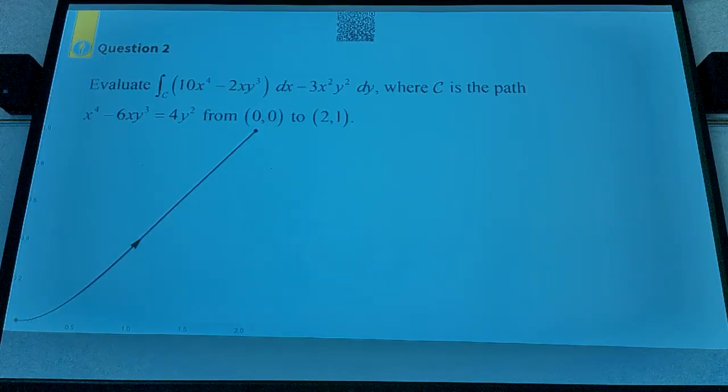It's not true for every vector field. It's only true for a certain kind. Your vector field has to be conservative. If our vector field is conservative, we can do path independence. Check.